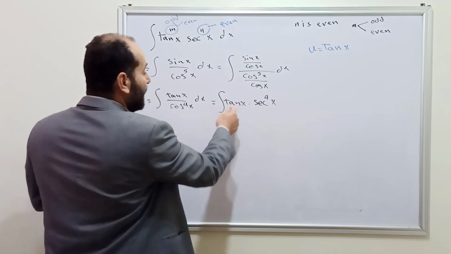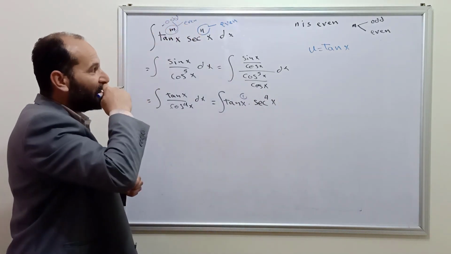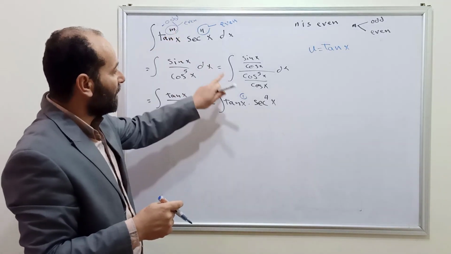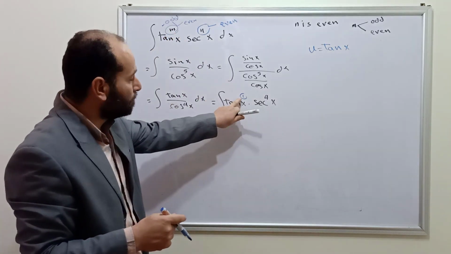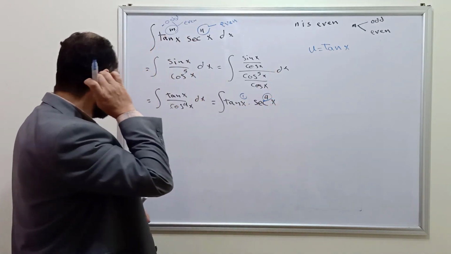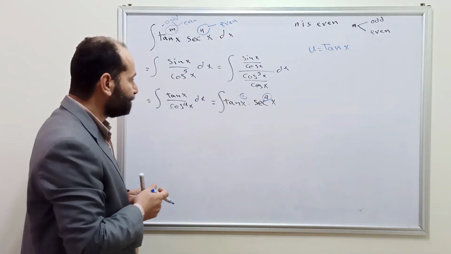So tan here to the power 1 is odd. In the previous example m was even, here m is odd. And n, in the first example and in this example, equals 4, an even number.